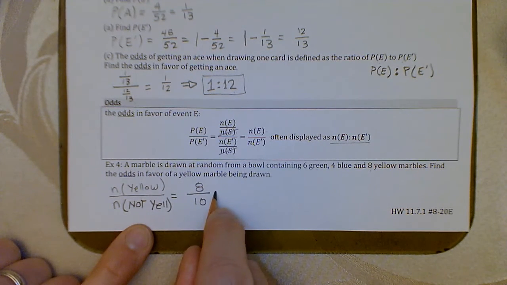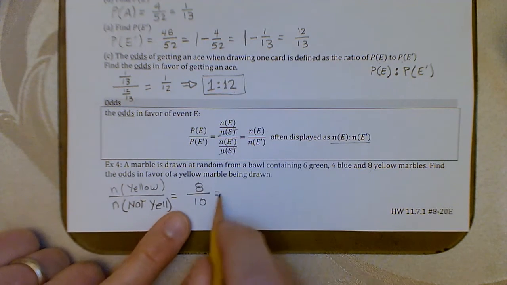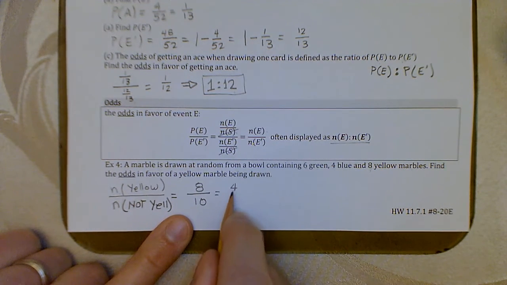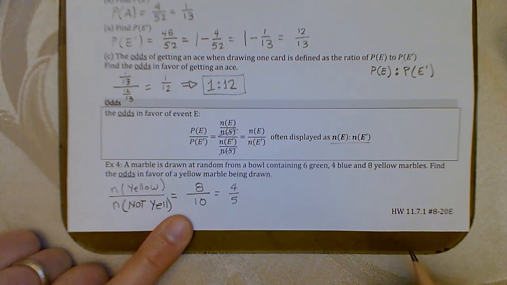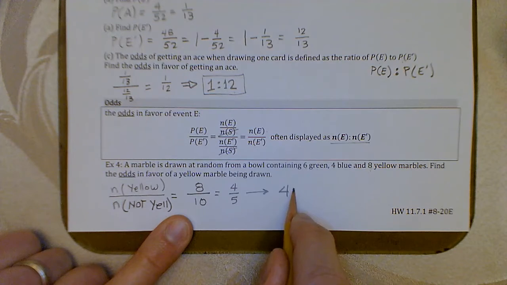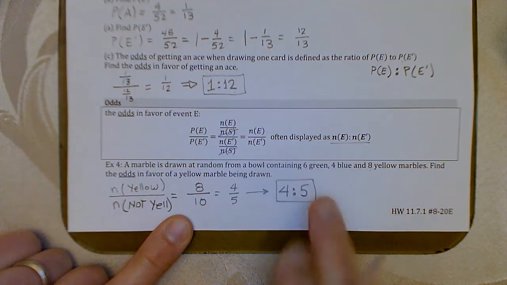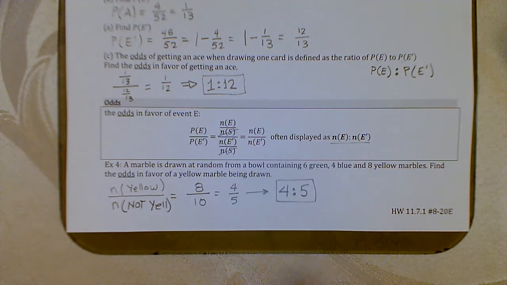All right, so what we want to do is reduce this fraction. First, we'll leave it as a fraction and reduce it. So that's 4 to 5, and then we will write it as a ratio using colons. Okay, so 4 to 5 is the odds. The odds are 4 to 5.